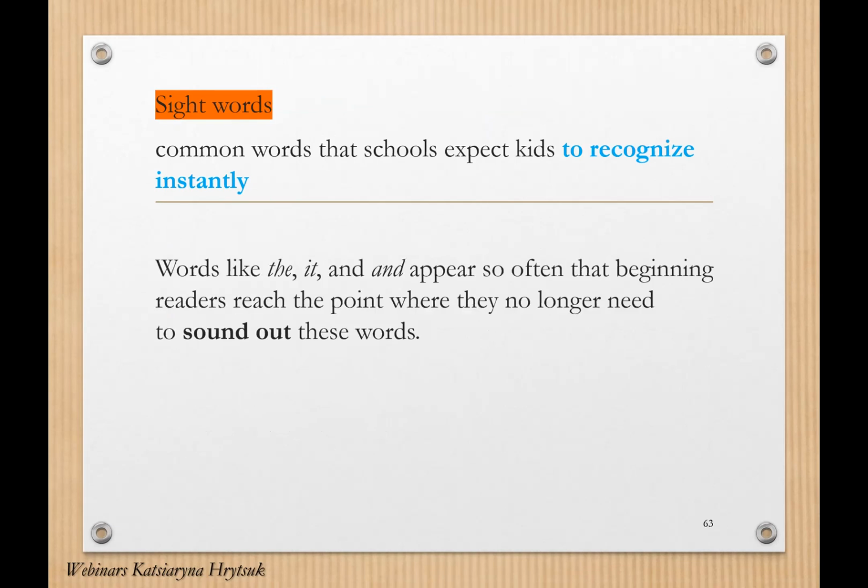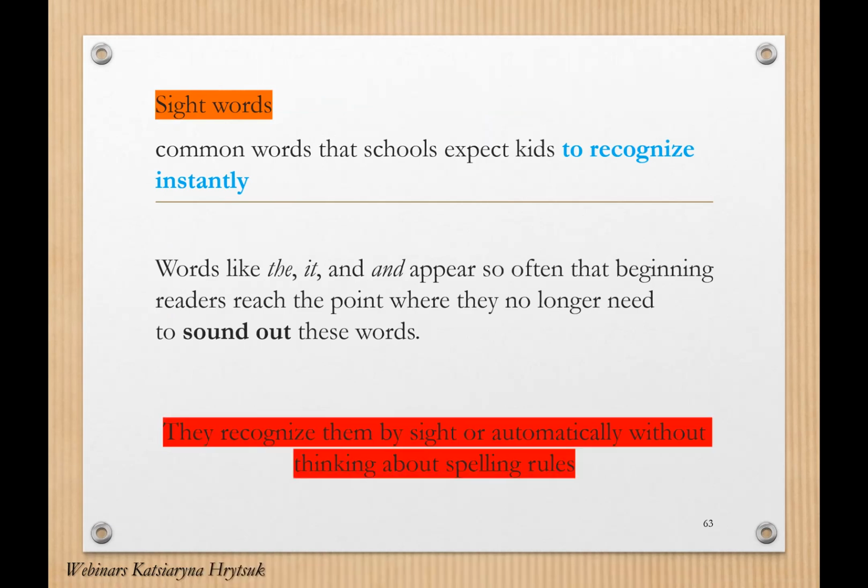Words like the, it, and. You will never think about how to read them. You look at this word and you understand, okay, I know, I don't need to think about TH, it can be voiced or unvoiced. Okay, I don't think about it. You automatically read. These are your sight words that you recognize instantly. Okay?